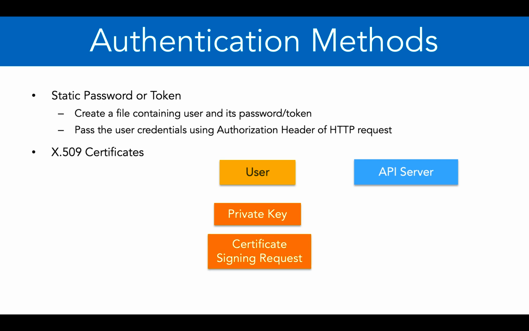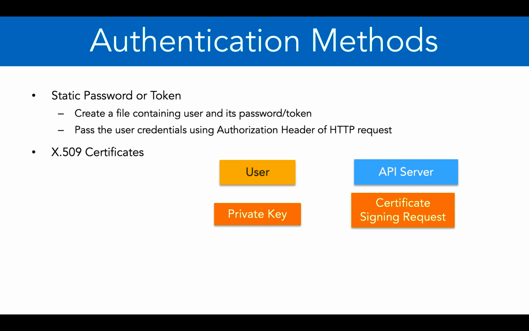Then we send this CSR to Kubernetes, to the API server. So basically, we are registering this user in the Kubernetes cluster. Kubernetes or the API server approves this user, and after approval, this user can send commands to the API server.